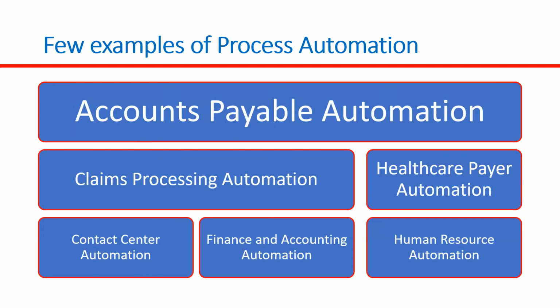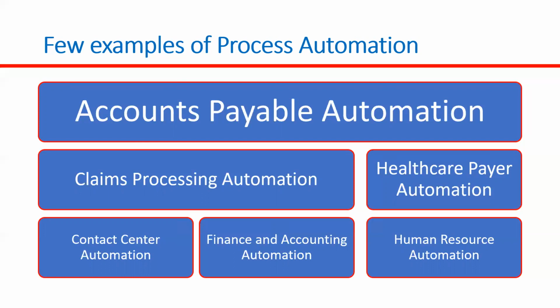And in the insurance sector, claims processing can be automated. If a person wants to claim the insurance amount, there is a process involved, that is called the claim process. So we can automate that process using UiPath.